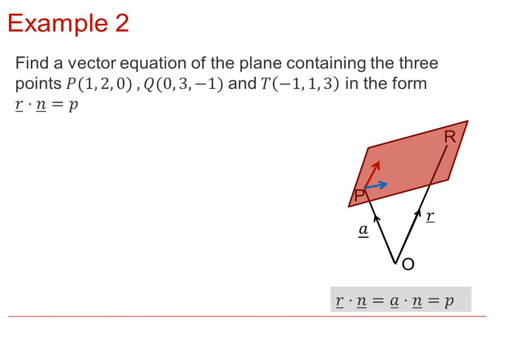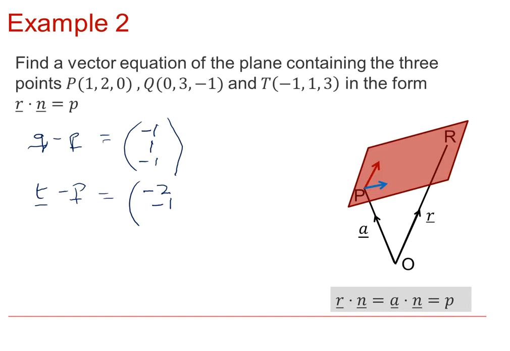So let's find those two vectors in the plane. If we look at Q minus P, that will give us minus 1, 1, minus 1. And likewise, T minus P will give minus 2, minus 1, 3.